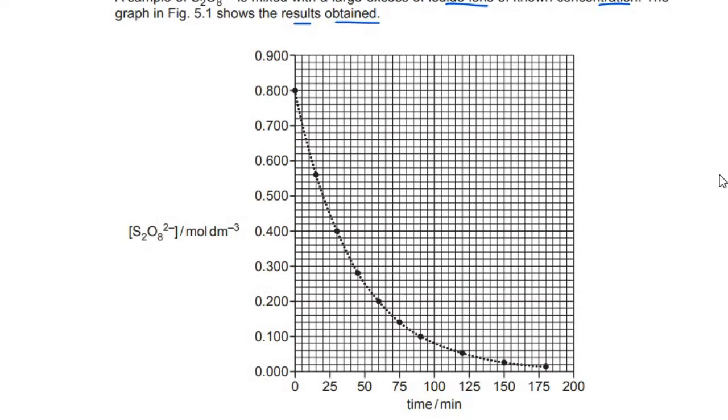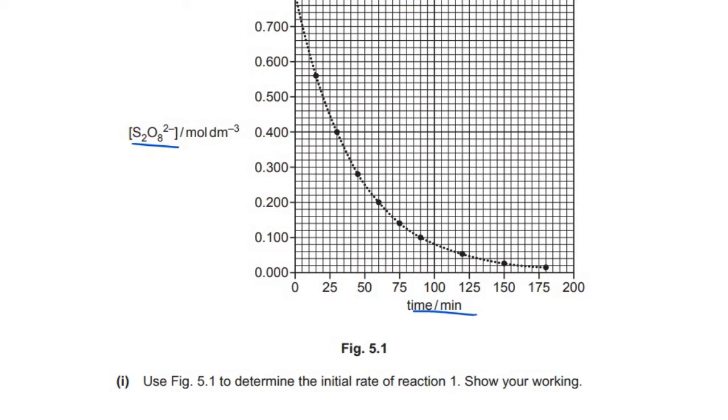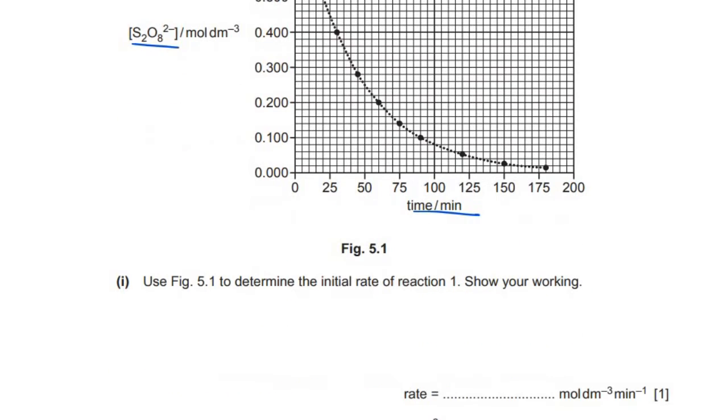Fine. So on the y-axis we can see the concentration of persulfate ions is given, and on the x-axis we have time in minutes. Now let's read the next part, where it says, use figure 5.1 to determine the initial rate of reaction 1 and show your working. If we are talking about initial rate, first, how do we calculate rate from the graph?